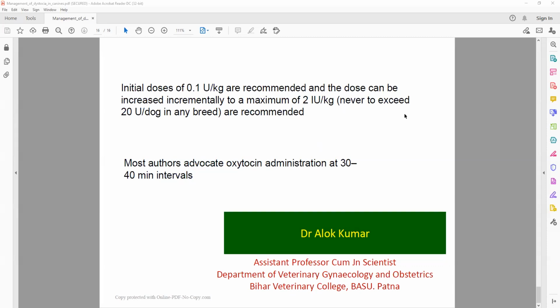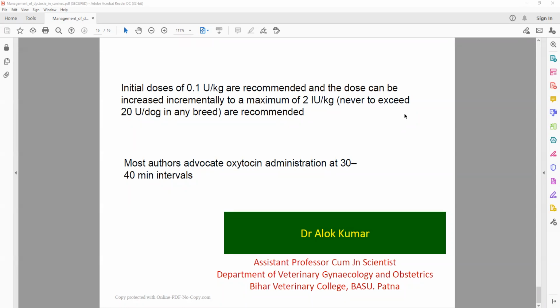Right now, let me justify why oxytocin is given, why calcium is given, and what more can be given. Oxytocin, as you know, provides contraction to the uterus, so that's why we gave it. Calcium is again good for contraction, muscle contraction needs calcium.